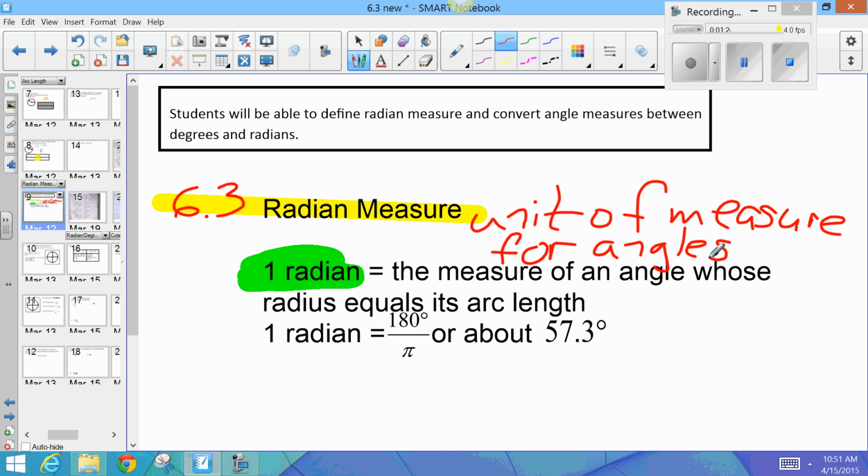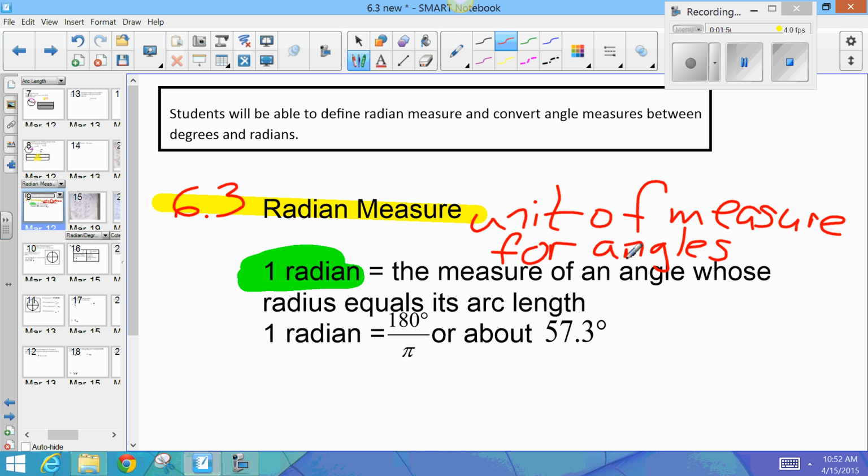And when we measure angles in radians, it makes some of the mathematics, in particular types of problem solving, a little easier. And it's a very natural unit of measure for angles. It is not something that's used in the scientific community. It is something that's used extensively in the mathematics community.